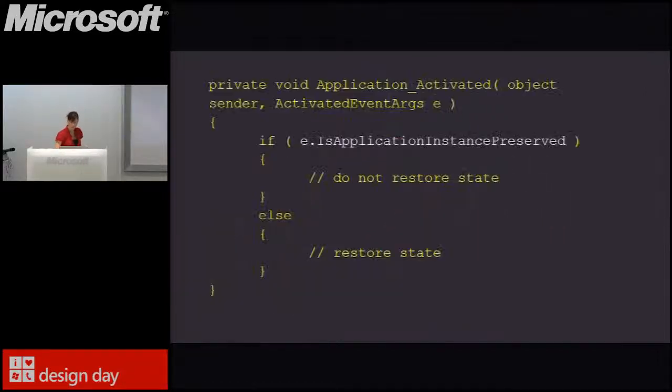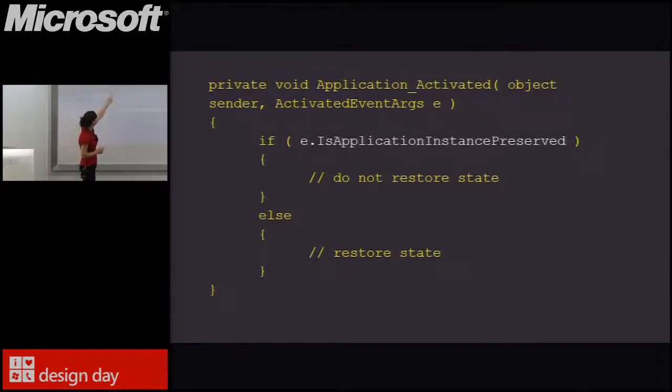In Mango, you're going to want to consider things a little bit differently. So you can actually test this in the application activated method, kind of stubbed out here. You're actually going to want to test for whether the application is dormant. So e.IsApplicationInstancePreserved. If that's true, it's dormant.